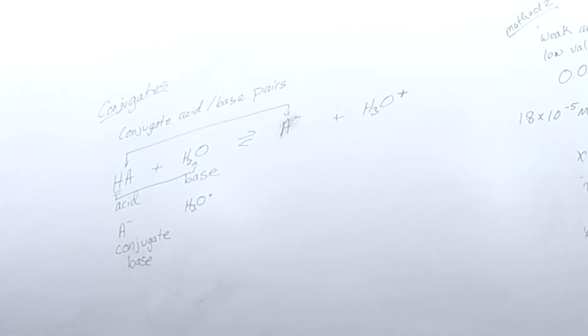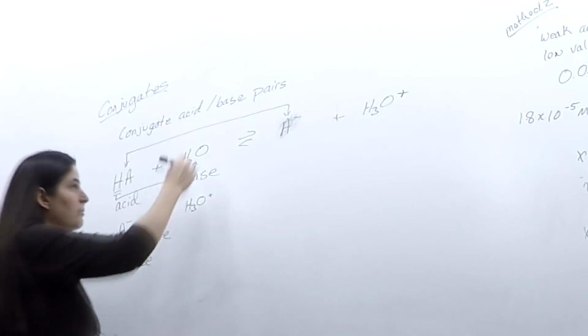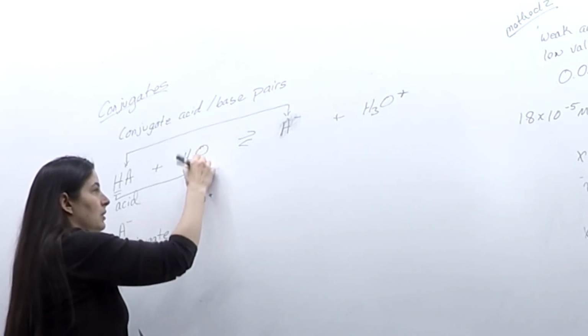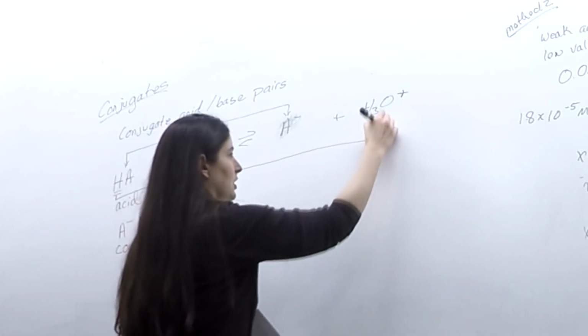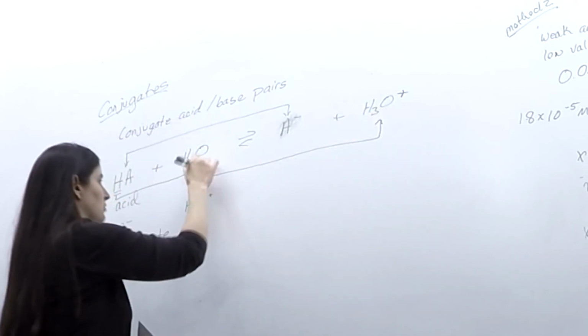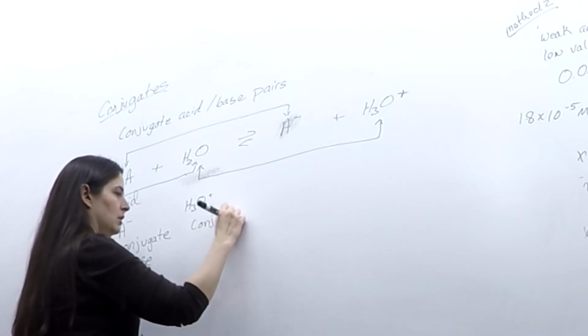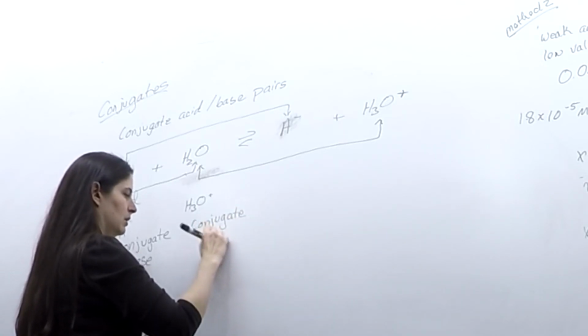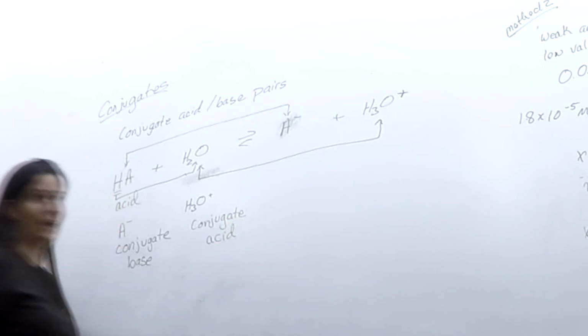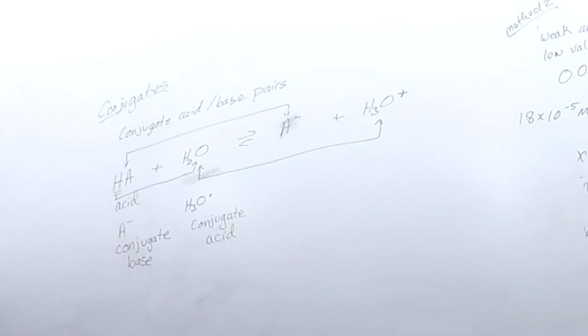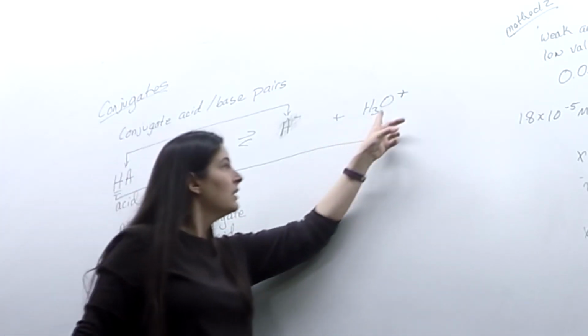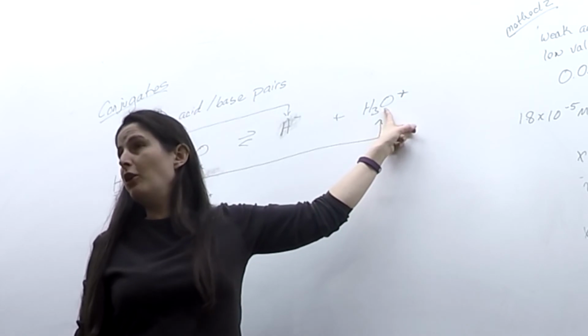And there's your pairs. The base here, the water, the conjugate of that is the H3O, the hydronium, which we're going to call the conjugate acid. Why is that? It is because this can no longer be called a base.